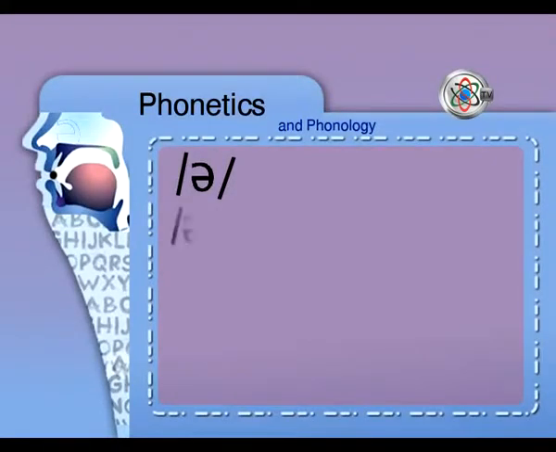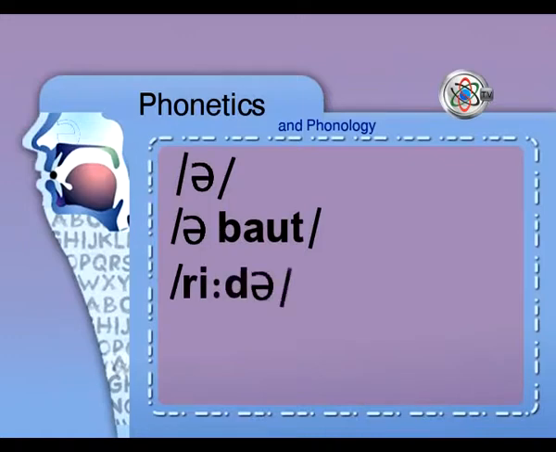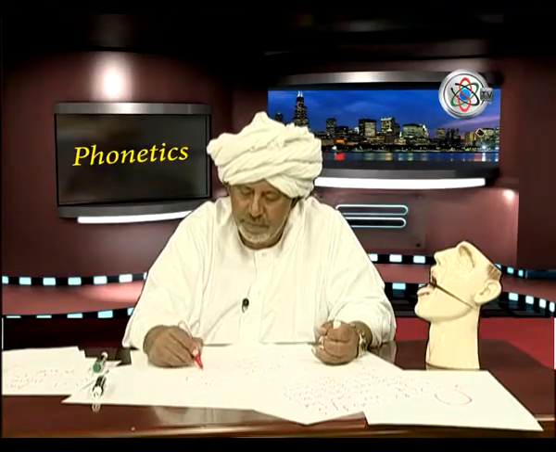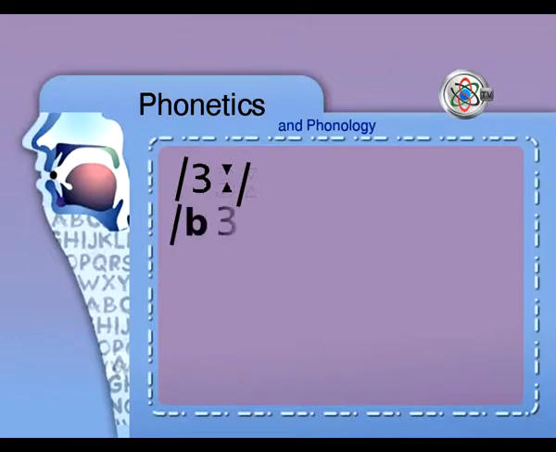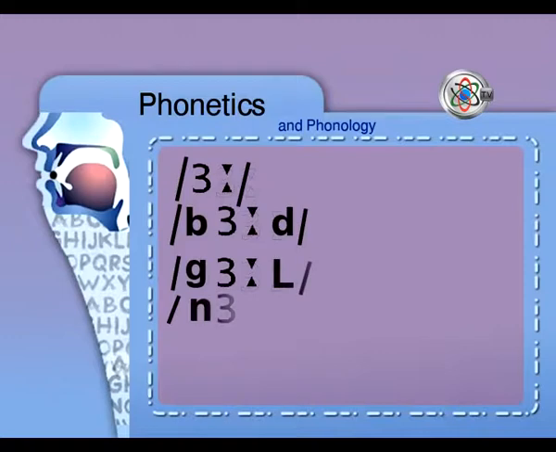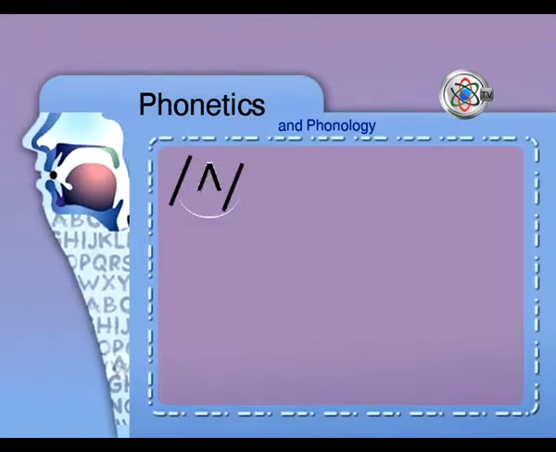About, reader, writer. What about this one? Like bird, girl, nurse. What about this? We said a fatha followed by a sukoon. Like shut, cut, hot.